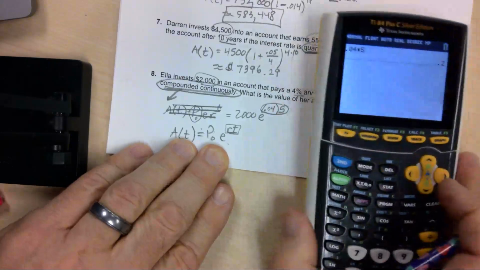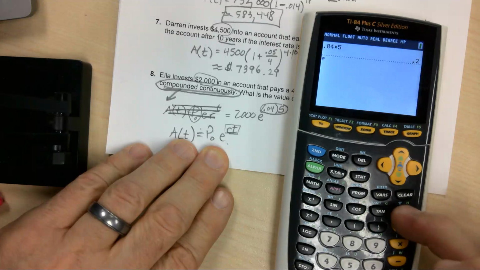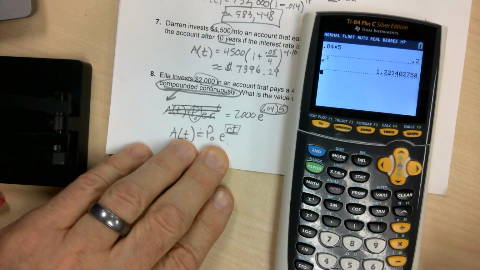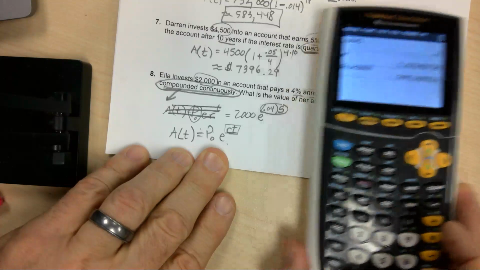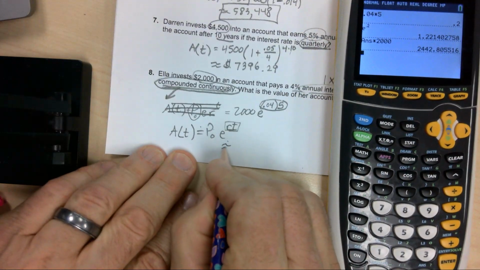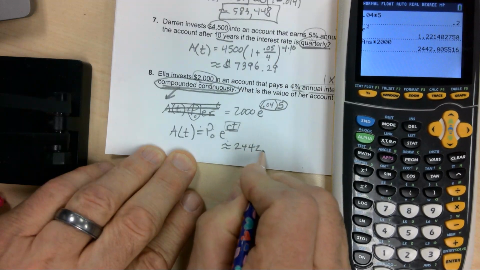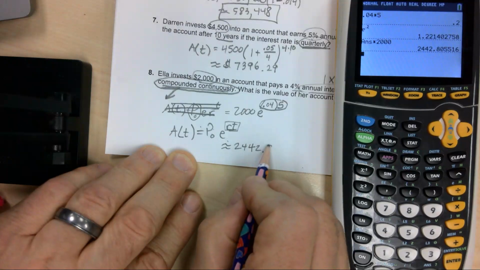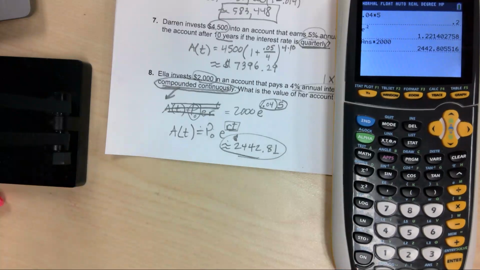So I need to take my calculator and again go second E, raise that to the 0.2 power, then multiply that by the original investment, and there it is, approximately $2,442.81, rounding it to the nearest penny there.